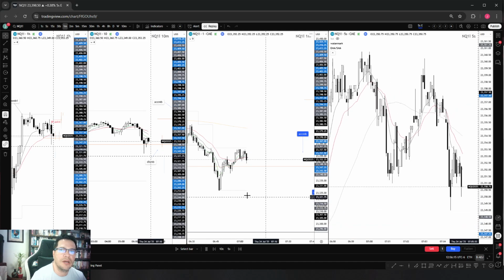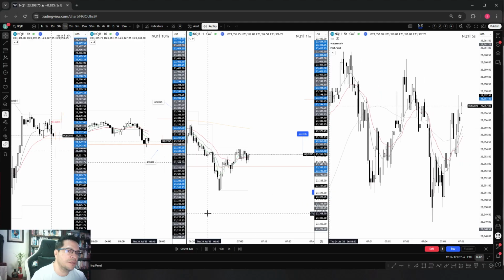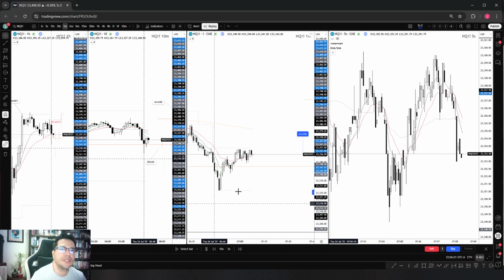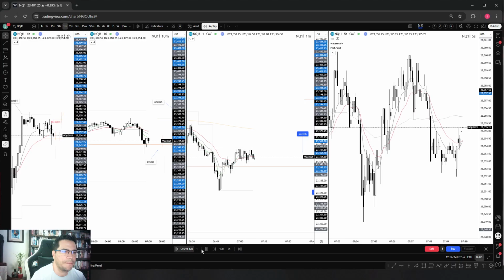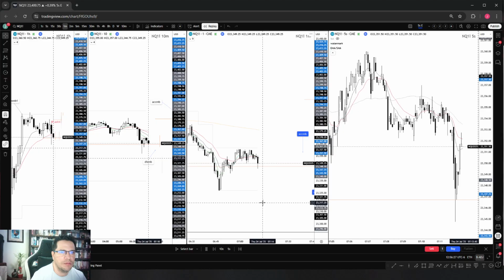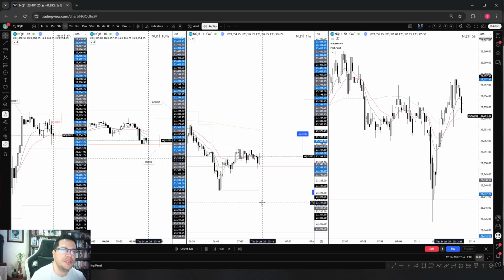Let's see how it developed and take a look at the markings that we have on our context and validation timeframes. So we're at 7:15.